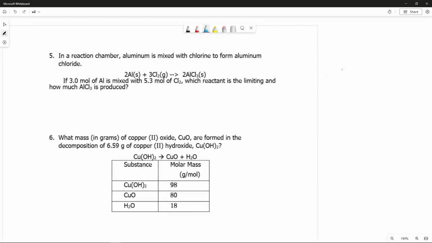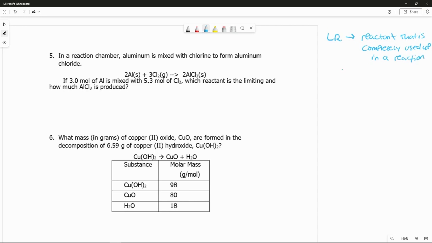So take our blue marker, and the limiting reactant, LR, is the reactant that is completely used up in a reaction.